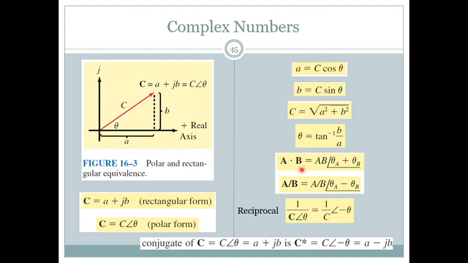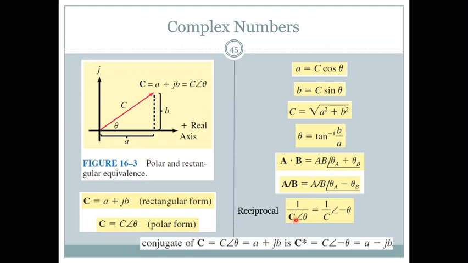And A into B, that is A multiplied by B: if you have two complex numbers, the magnitude values, the C values, will be multiplied and the angles will be added. If you divide, A divided by B, the sizes will be divided and the angles will be subtracted.